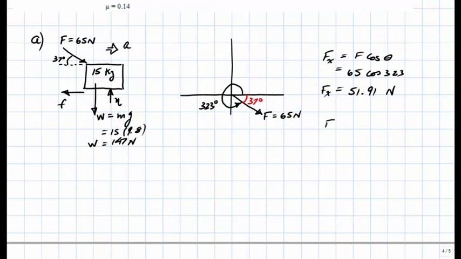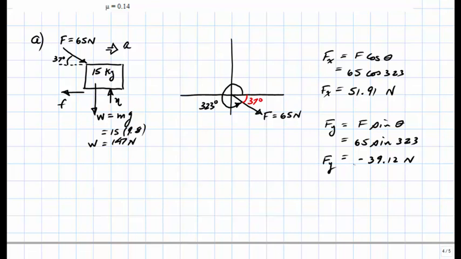The y component is determined through F times sine of theta, or 65 times the sine of 323, and that results in a negative 39.12 newton component.